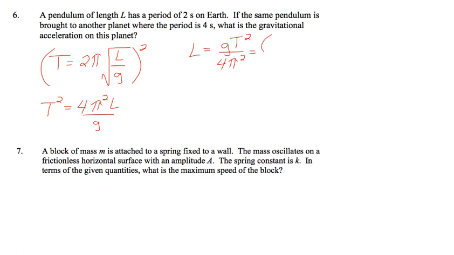We know that on Earth, gravity is 9.8 meters per second squared, and some people use 10. On Earth, that period is 2 seconds, so that's 2 seconds squared, divided by 4 pi squared.